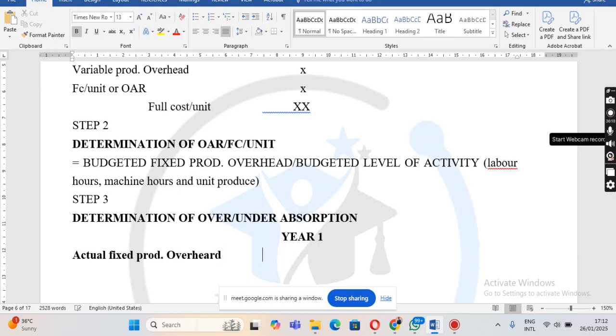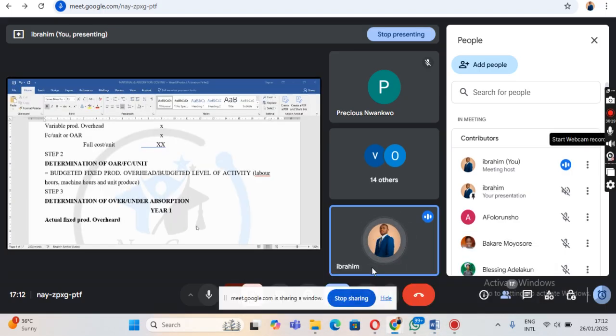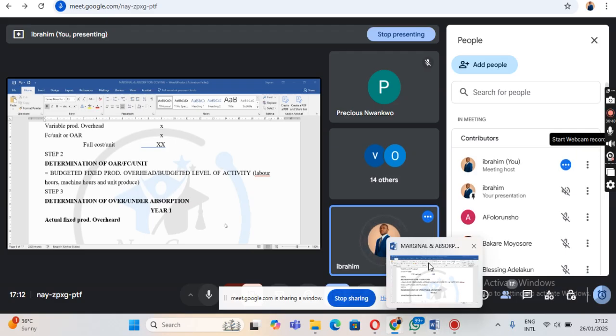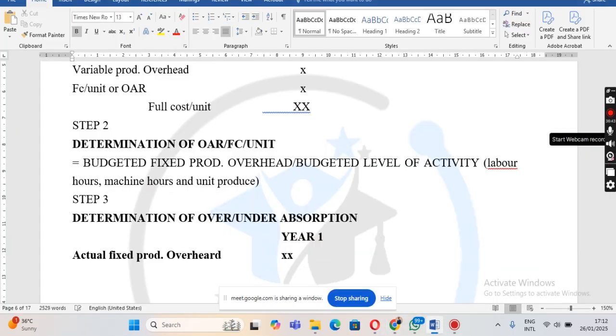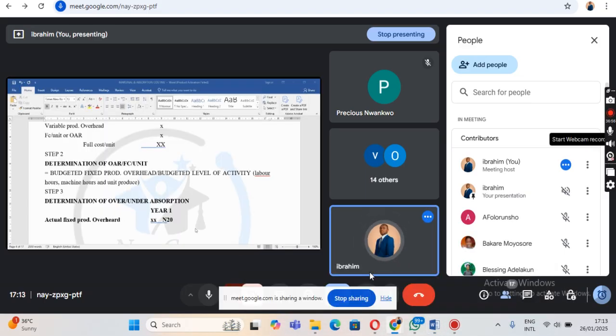Now, for instance, the actual fixed production overhead for year one, they say this is the actual cost that we incur. Fixed production means that whether you produce or you don't produce, you will incur that cost. Let's say the actual cost you incur here is 20 naira.